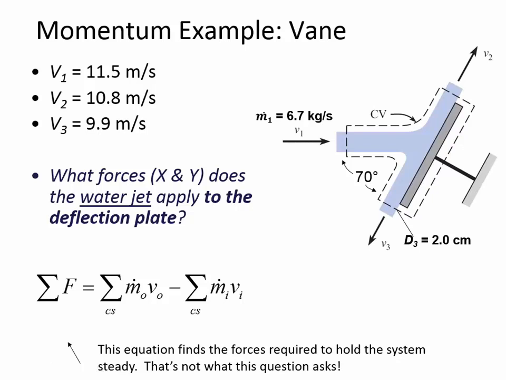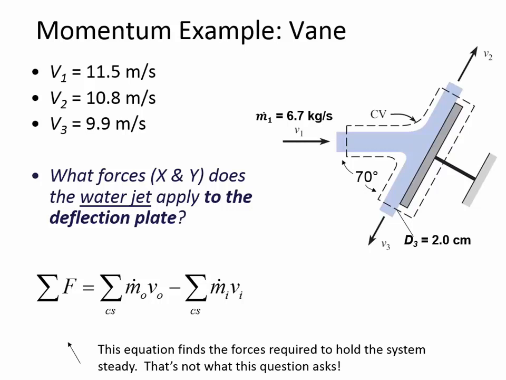That's going to allow you to find how much of the mass flow is in stream 3 and how much is in stream 2, because 1 is equal to 2 plus 3.